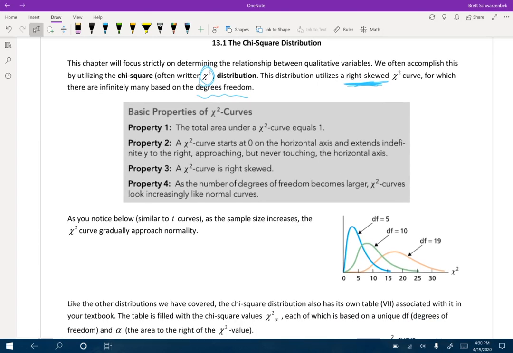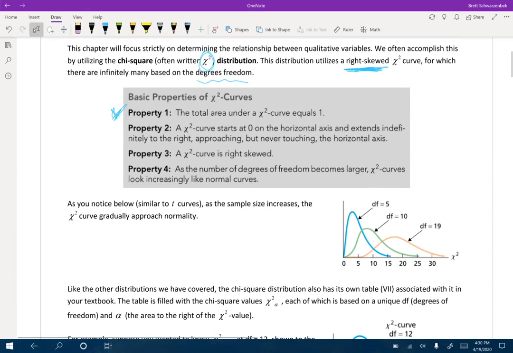So just to be clear, with chi-square, the total area under the curve is again going to be 1, just like all the other curves. Similar to F, the chi-square curve starts at 0. So here's a picture over here. It starts at 0, and then it goes on indefinitely in the right direction.